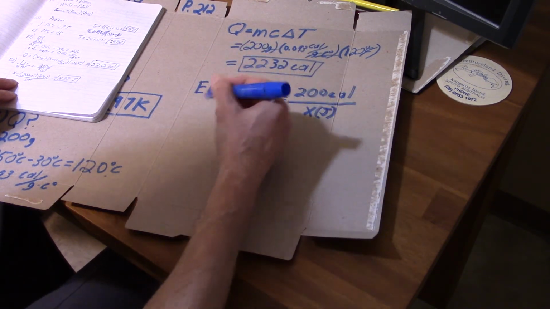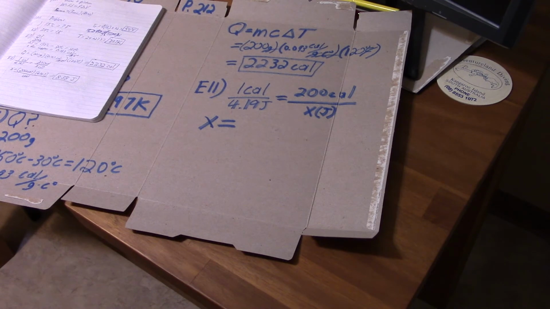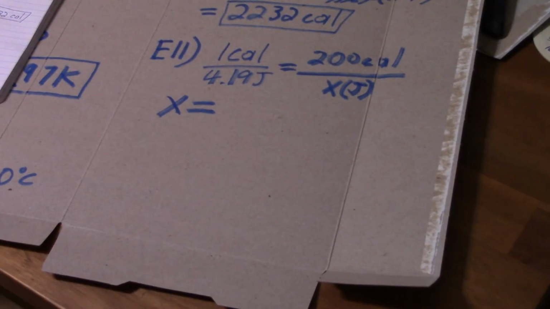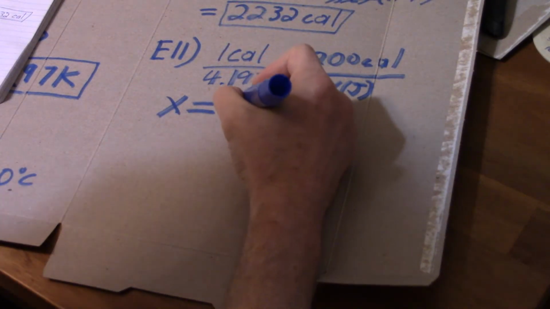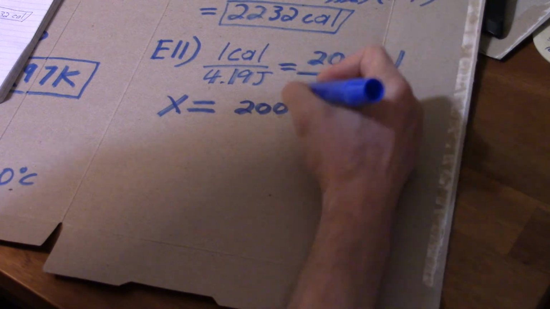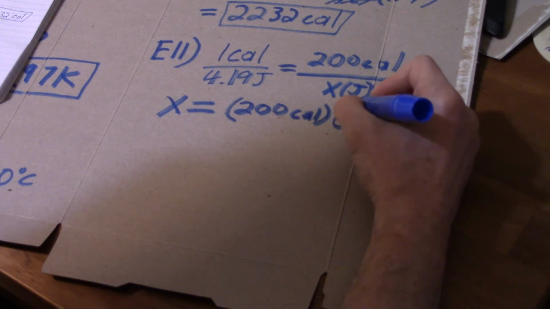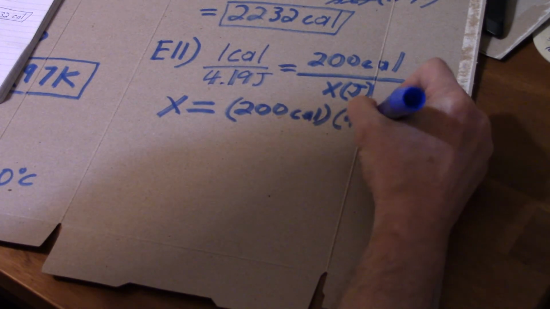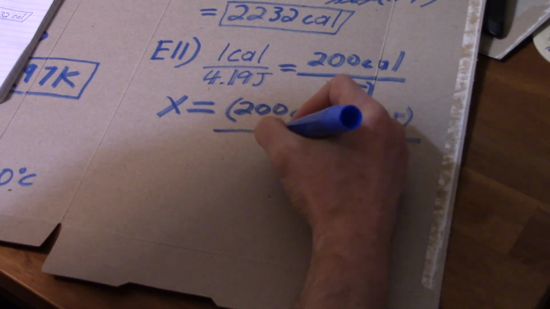Then divide by 1 calorie, and you end up with X equals 200 calories times 4.19 joules divided by 1 calorie.